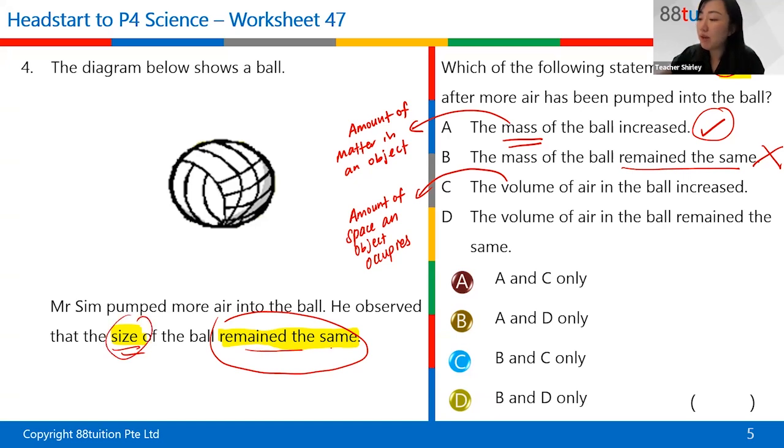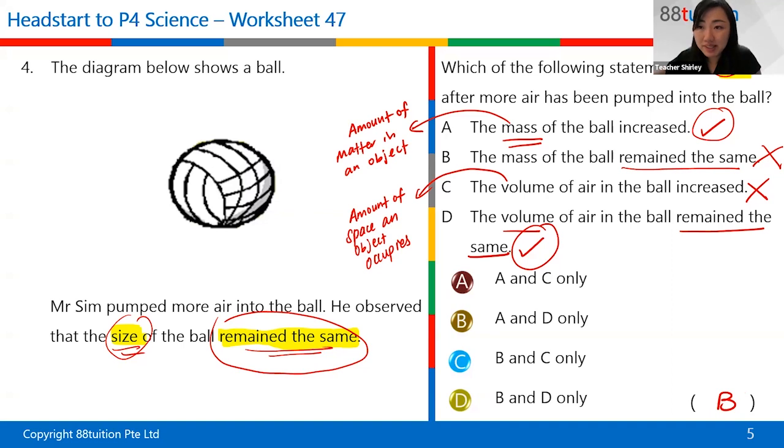No, right? So the volume didn't increase. The volume remained the same because the size remained the same. So it does not increase. Therefore the answer is B.